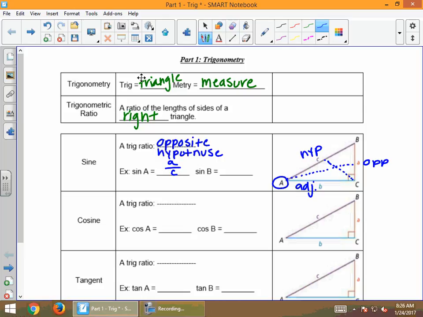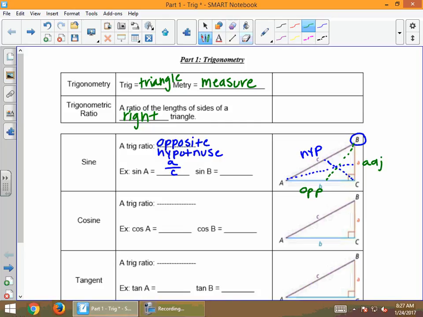For the sine of B, the process is still the same. We're just starting at a different angle. So if you recircle, we start with B. Our hypotenuse is always going to stay our hypotenuse. But this time, if we go across from B, this is now our new opposite, and that side is our new adjacent.